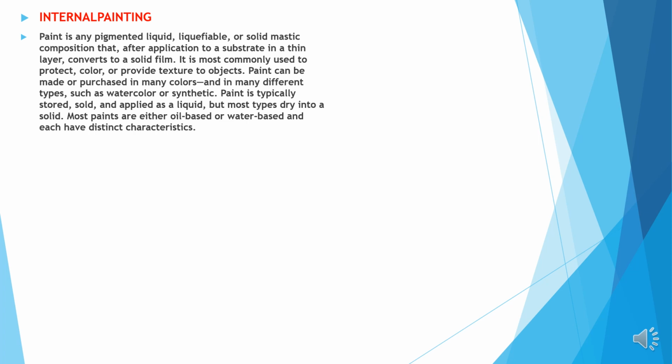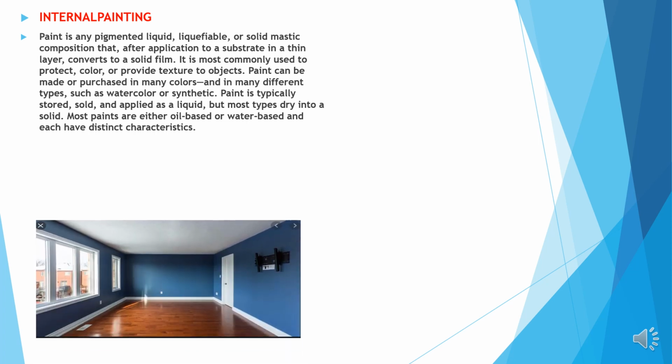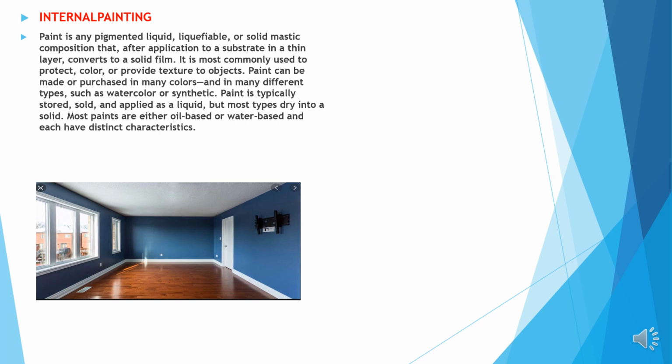Paint can be made or purchased in many colors and many different types such as a watercolor, synthetic, etc. Paint is typically stored, sold and applied as a liquid, but most types dry into solid. Most paints are either oil based or water based and each have different characteristics. So this is how the internal painting has been carried out.